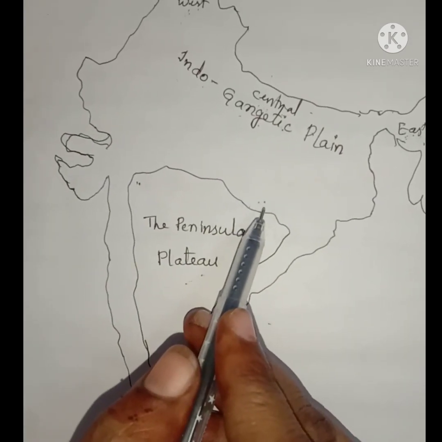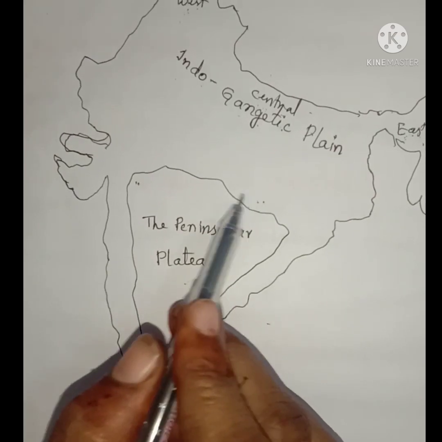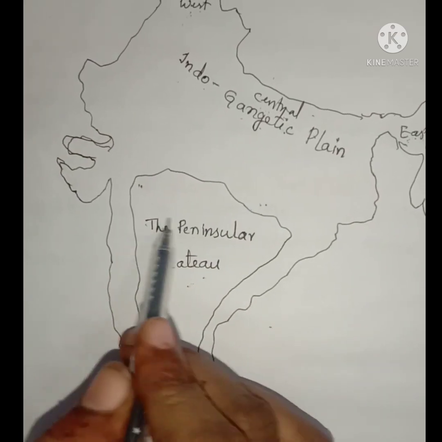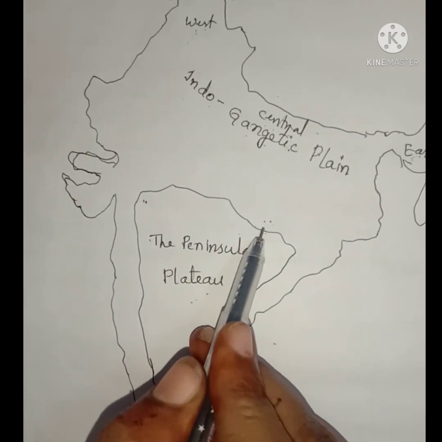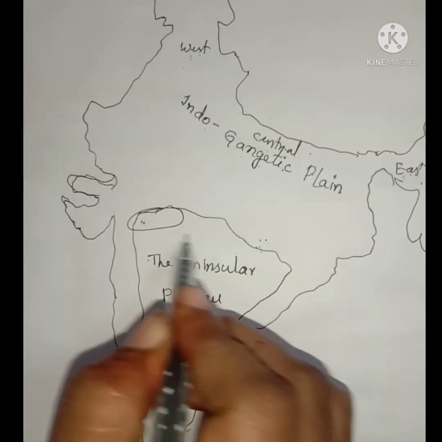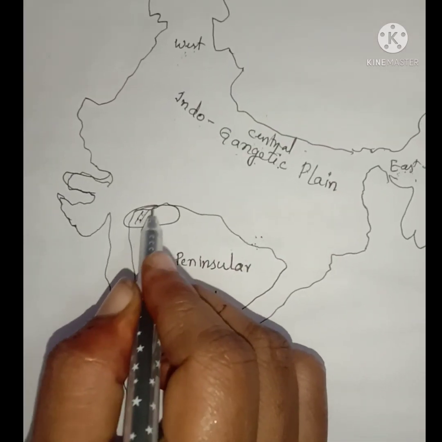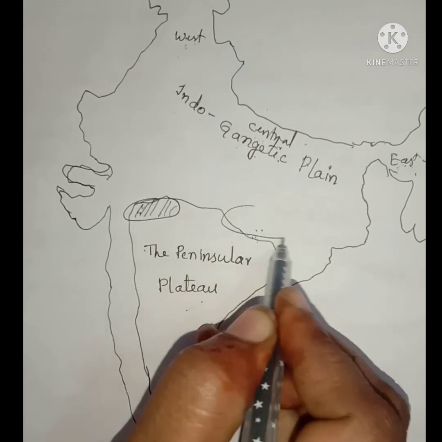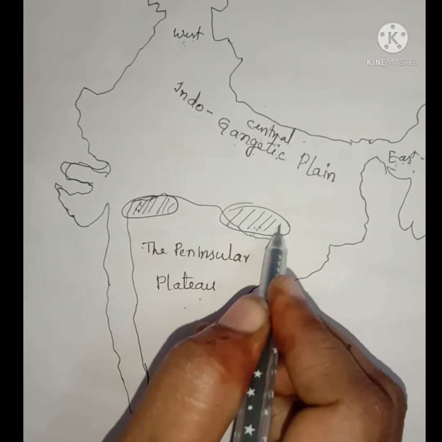Prominent plateaus here are the Malwa Plateau on the west side, and towards the east there is the Chota Nagpur Plateau. This is the Malwa Plateau and this is the Chota Nagpur Plateau.